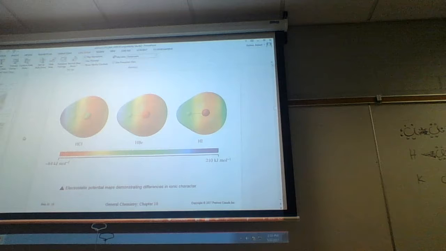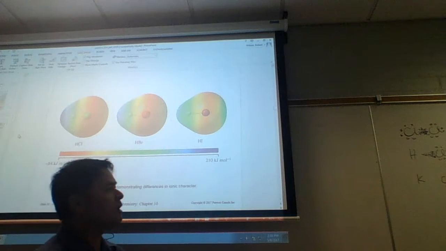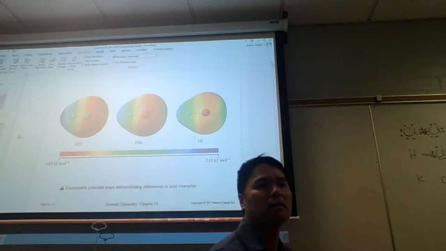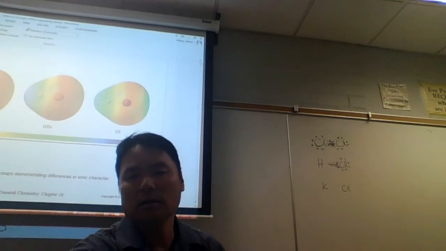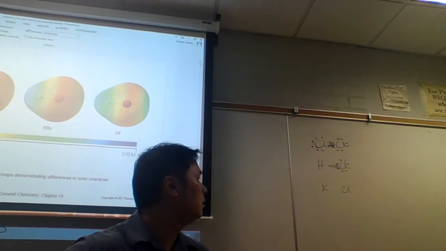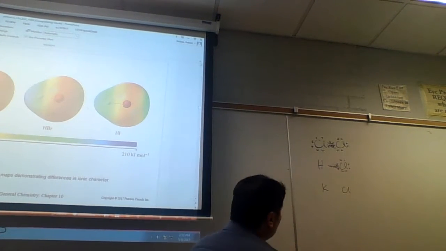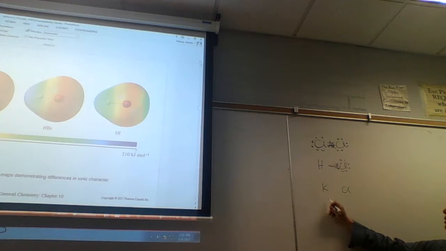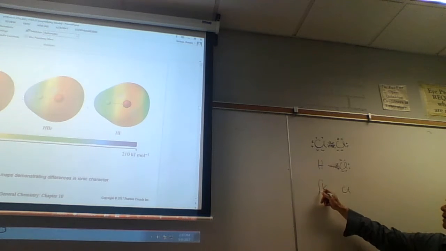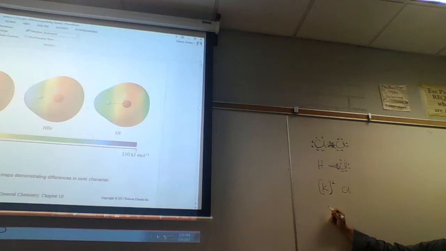So going back to this, now KCl is ionic. And so how should I draw the Lewis structure for KCl if we call it ionic? K plus and Cl minus. Yeah, it's going to be K plus and Cl minus, but how should I draw it? K should have no valence electrons, a bracket, and a positive charge.